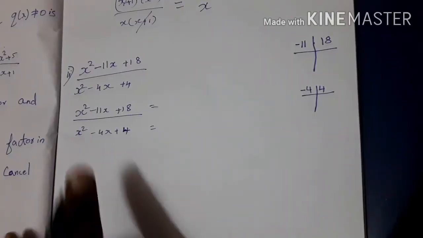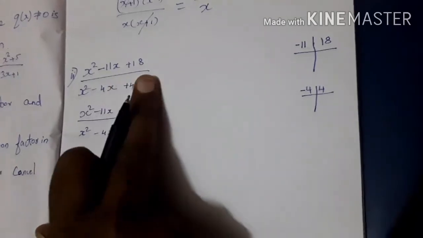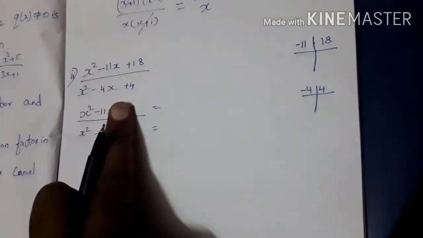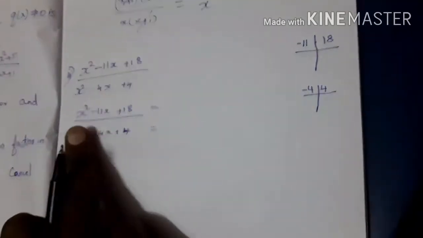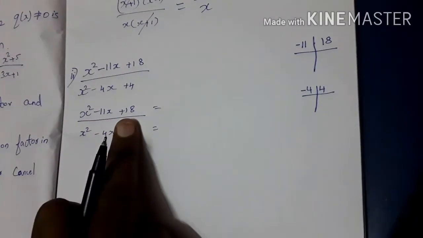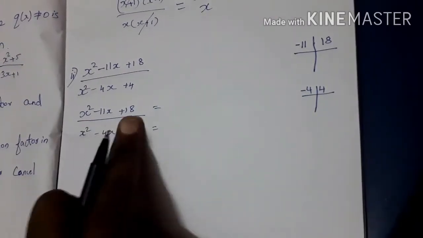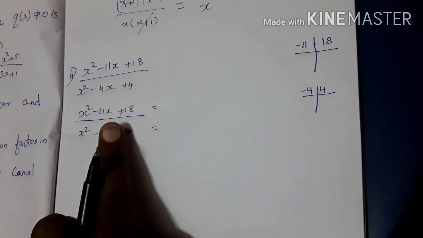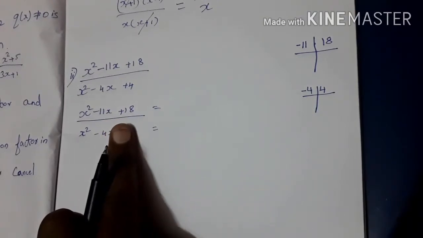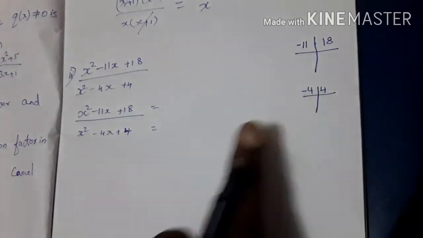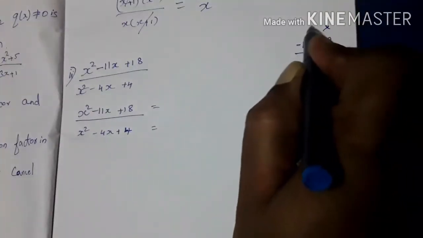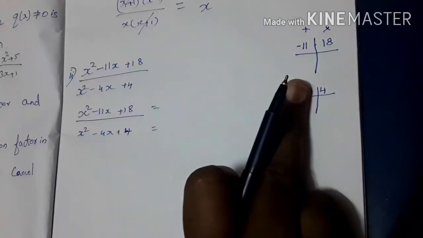Second question: x square minus 11x plus 18 divided by x square minus 4x plus 4. The first polynomial is x square minus 11x plus 18, so we have to factorize. We can't use a formula here, so we use factorization. If we multiply, we want to get 18, and if we add, we want to get minus 11.